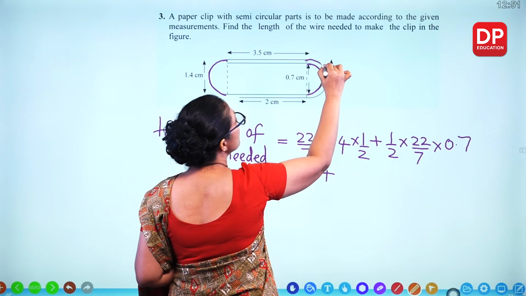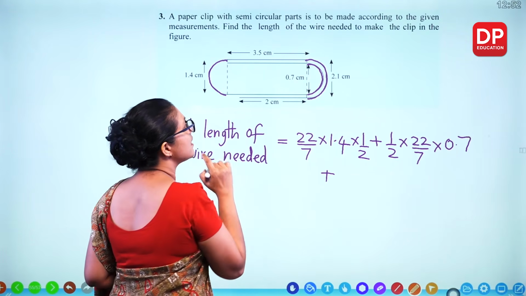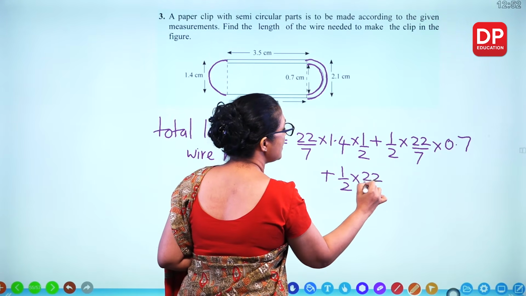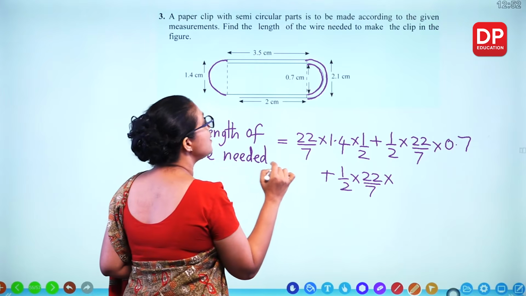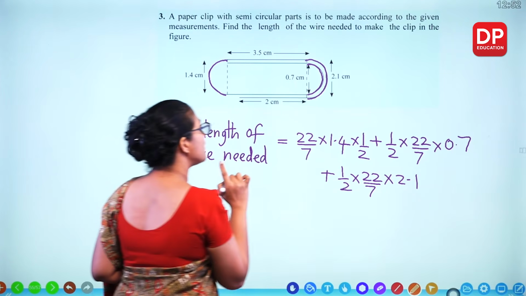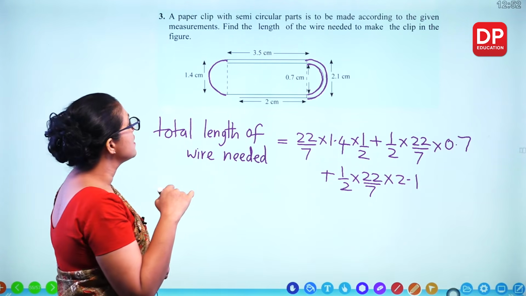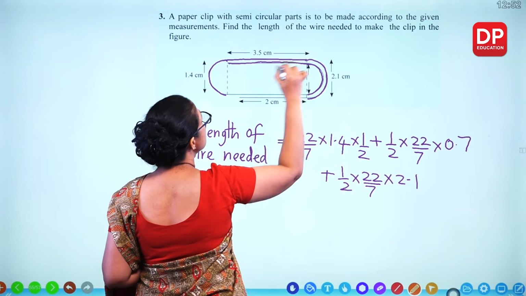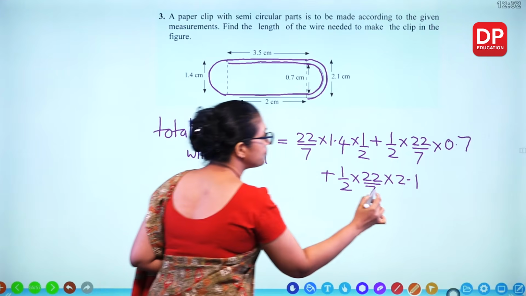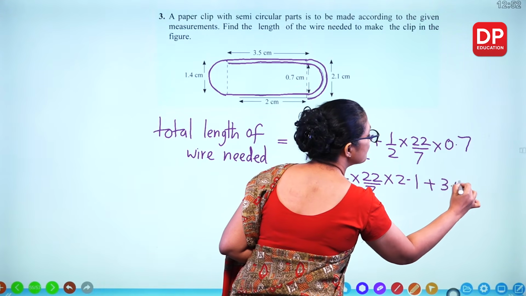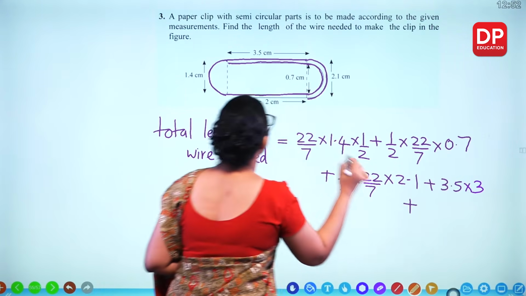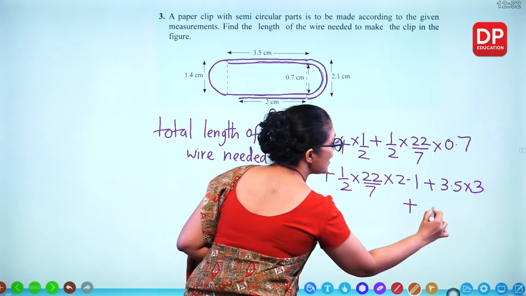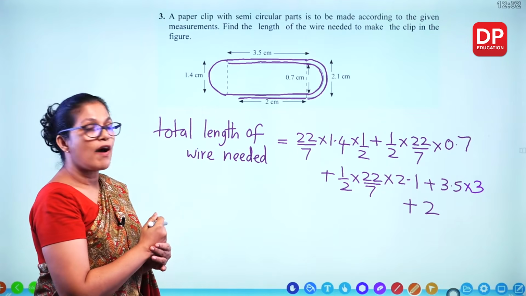And the big one, what's the diameter for that semicircle? 2.1. So half pi into 2.1. So those are the 3 semicircular parts. And then you need to add 3.5, 3 times, and add this 2 centimeter length. So that's the total length of wire needed.